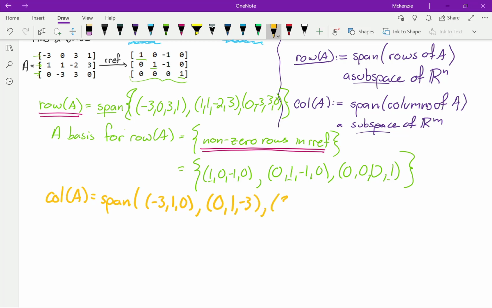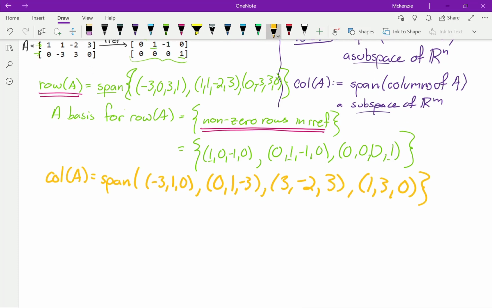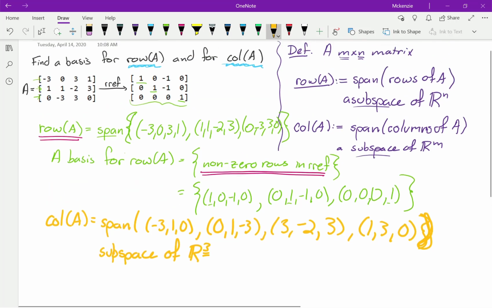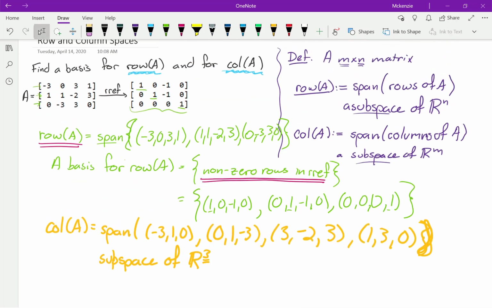And then we have 3, -2, 3, and 1, 3, 0. Off the bat, we know that we have some redundancy because this is a subspace of three-dimensional space, and we have more than three vectors. So that's not possible. How do we pick out which columns are important?